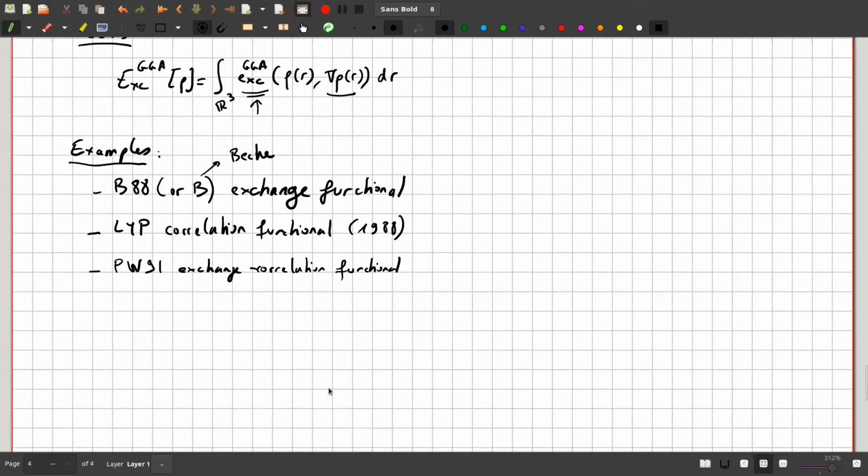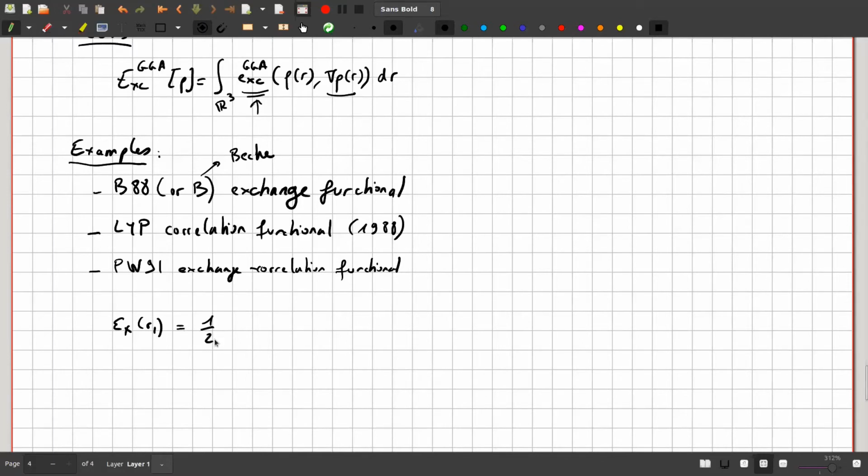So let me explain briefly this. So the idea is to really approximate the exchange energy per particle, epsilon x, at r1, let's say. So you remember the expression.